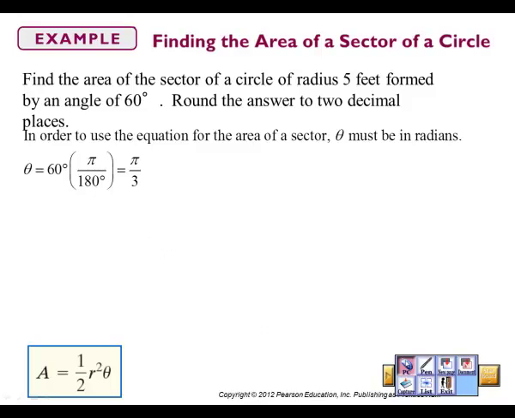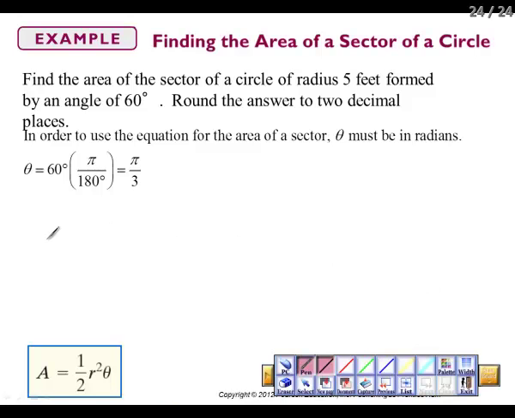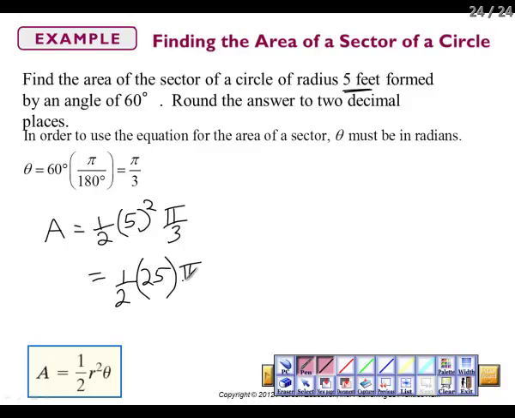So now from here, we can put that into our equation of area equals 1/2, and then our radius is 5 feet, so we'll put 5 here squared, and then theta, we converted that to pi over 3. So this will become 1/2 times 25 times pi over 3, and so that'll be 12.5 times pi over 3.